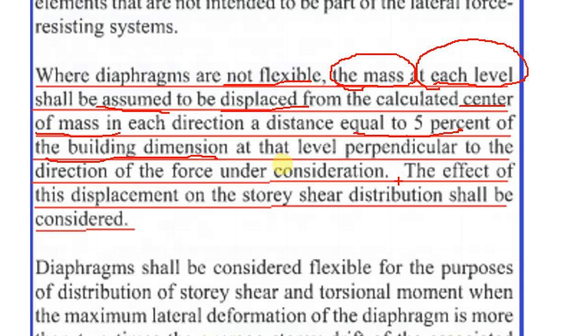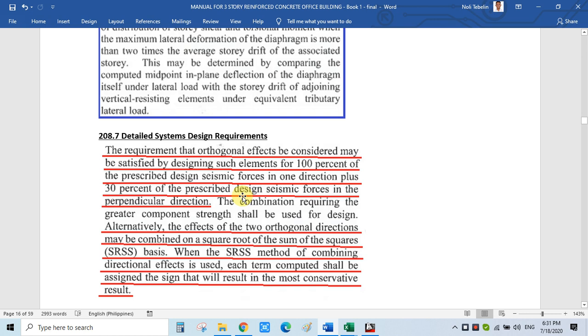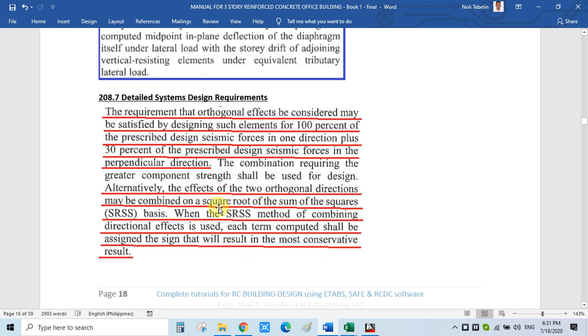Then, dito, meron tayo ng, again, from the section 208.7, detailed system design requirements, from NSCP, the requirement that the orthogonal effect be considered may be satisfied by designing such element for 100% of the prescribed design seismic forces in one direction plus 30% of the prescribed design seismic forces in the perpendicular direction. Okay? So, pag naka-static analysis tayo, gagamitin natin yan.